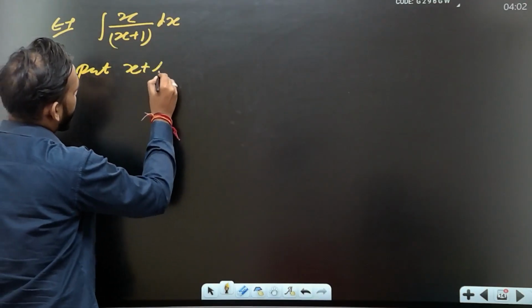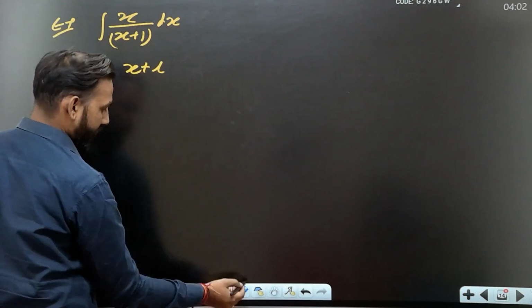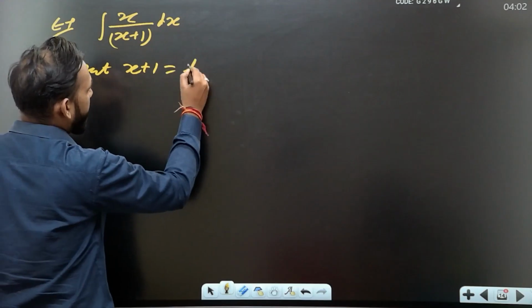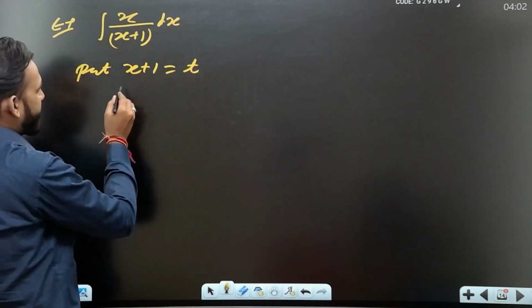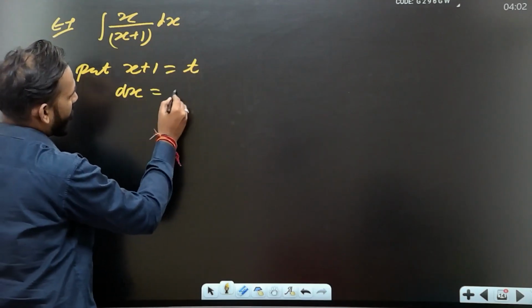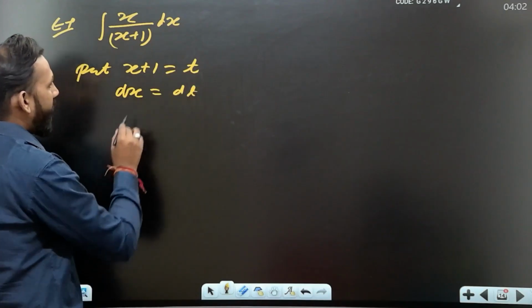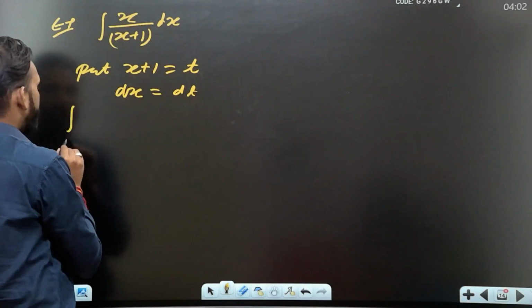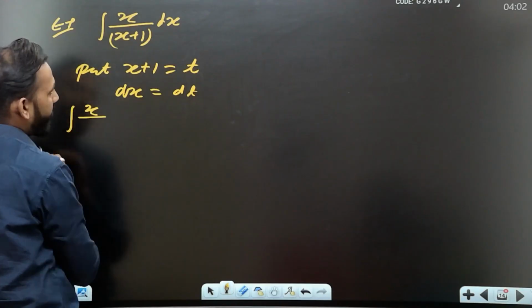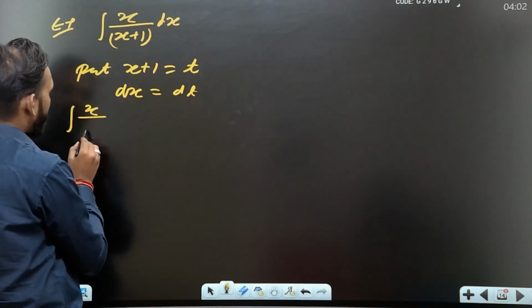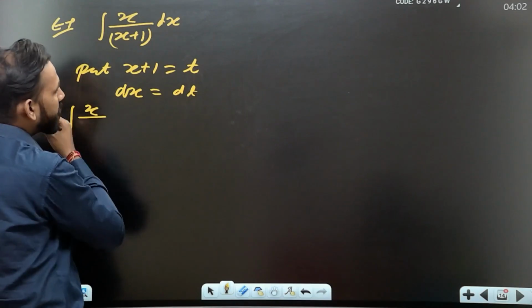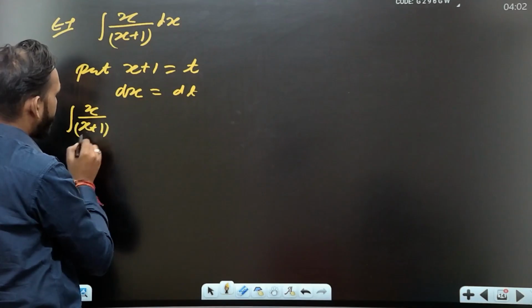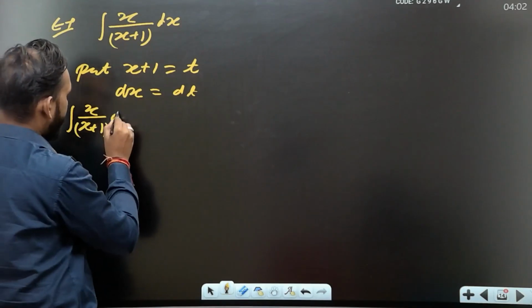Try to understand. If we put x plus 1 equal to t, and differentiate, dx equals dt, right? We put this substitution in the general form, the integration of x over x plus 1 dx.